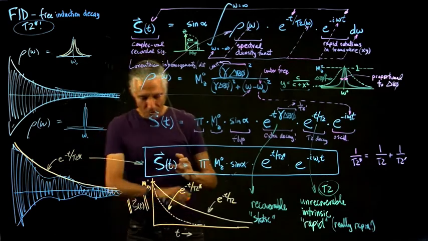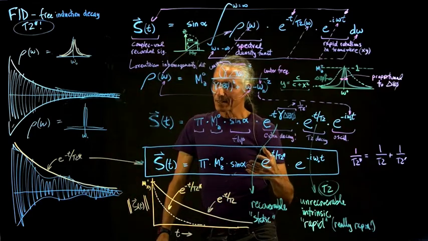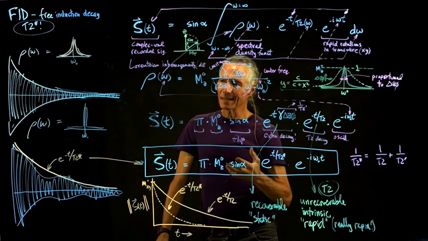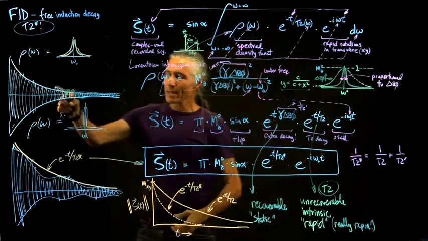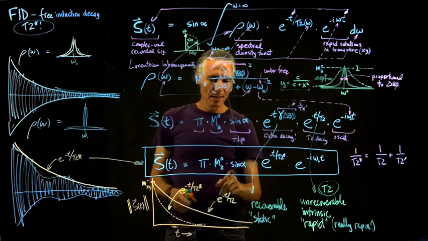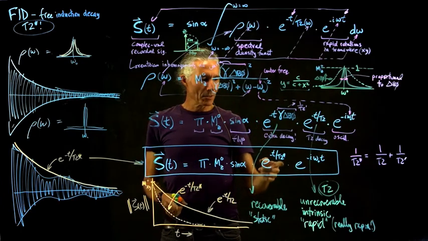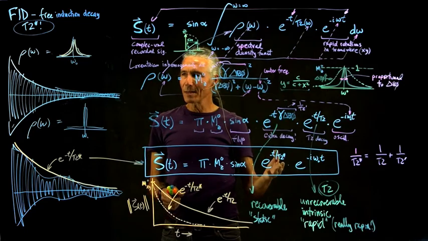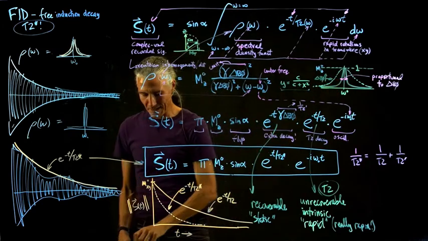So you should think of T2 star as an idealization. If we had this kind of distribution, we get a very simple equation like this, and T2 star is an approximation of any distribution of frequencies that looks sort of like this. So it's not the real one.